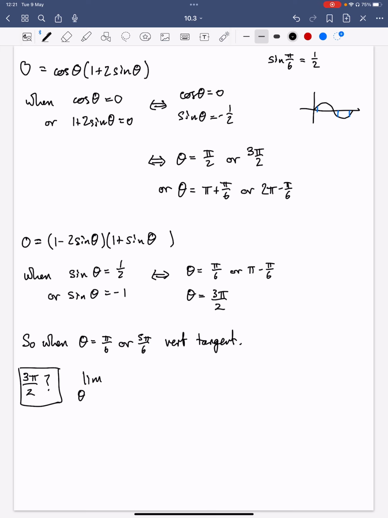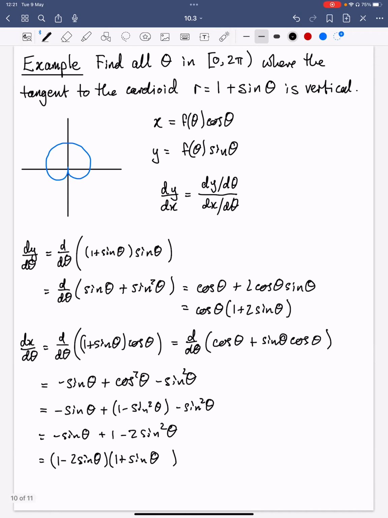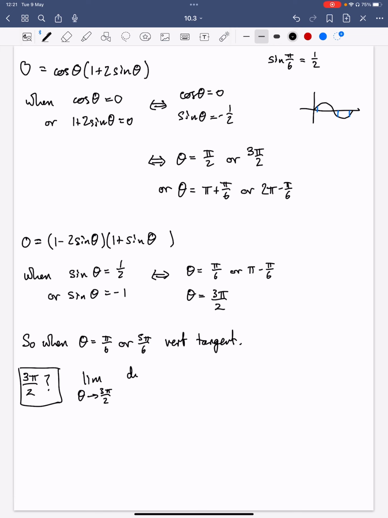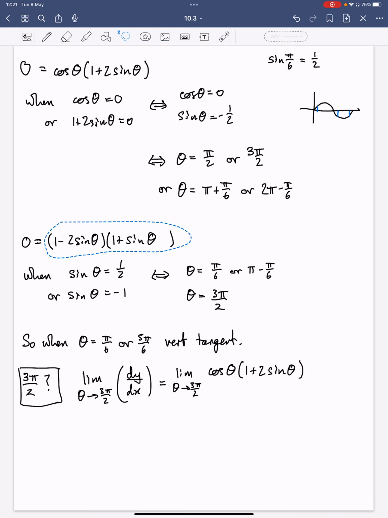We get theta going to 3 pi by 2, and it needs to be now the limit of the derivative. So dy by dx, which we've not actually written down yet, but let me write it down. Well, it needs to be the expression here, and then divided by this. This is dx by d theta.